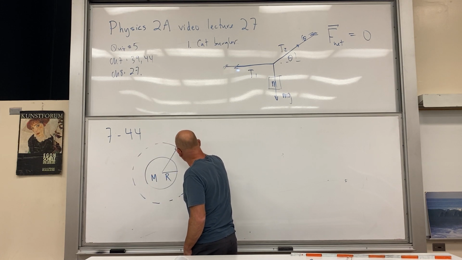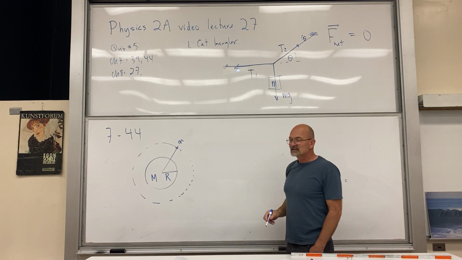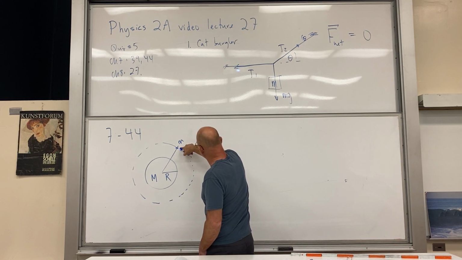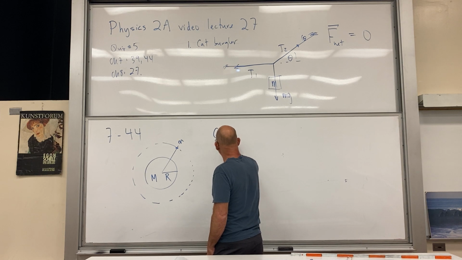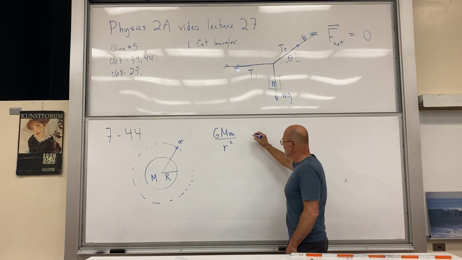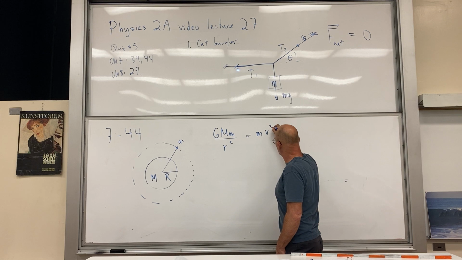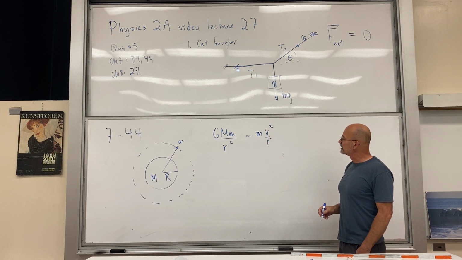We can characterize it by its mass, and it's a circular orbit, so we have the gravitational force GMm over r squared. That's the force is equal to the mass of our satellite times the acceleration, which is centripetal acceleration. So that's how we set that one up.